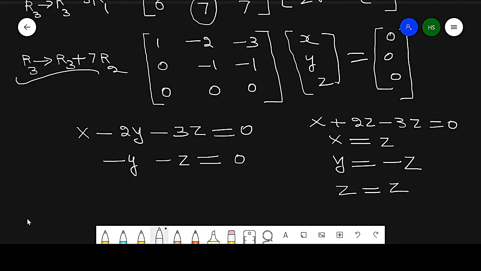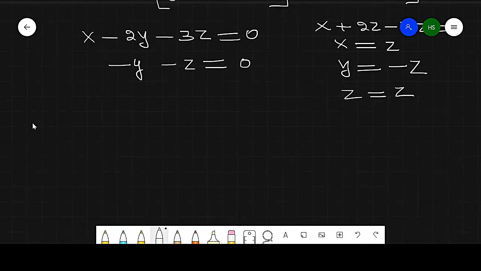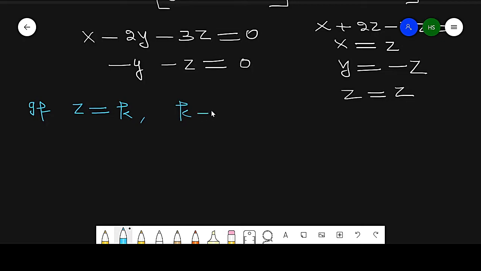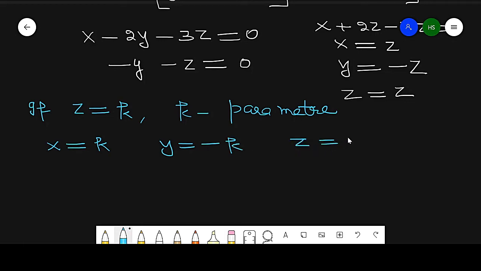If I substitute the value of z, which is k, so what is k? k is some parameter. If k is some parameter, then x is equal to k, y is equal to minus k, and z is equal to k.